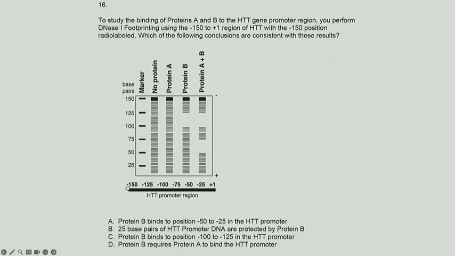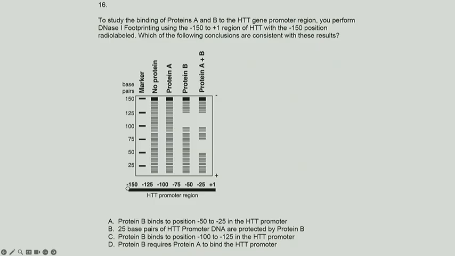If there's no protein binding, you're just going to get digestion everywhere. So you'll get every possible base pair as a band in the gel: this one base pair cut, 2 base pair cut, 3 base pair cut, and so on for the whole DNA. So that's what the no protein will always look like, bands everywhere.